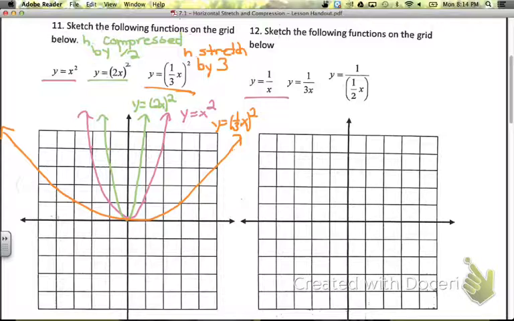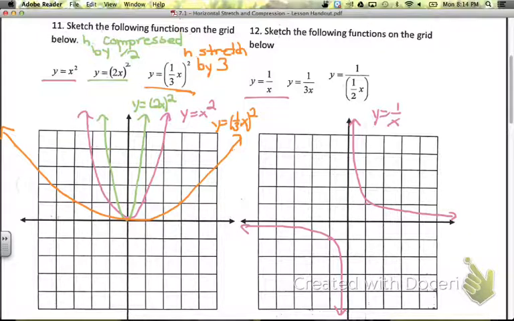So our key points are going to be 1, 1, and -1, -1. Remember, it's going to get very, very close, but it's never going to actually touch or cross our asymptotes. And in this case, also our axes. So that one there is y equals 1 over x, so our base function.